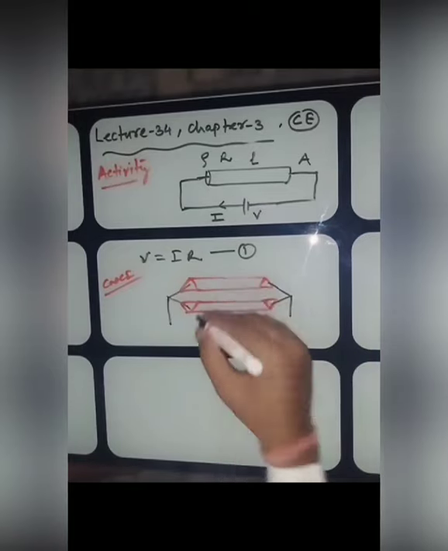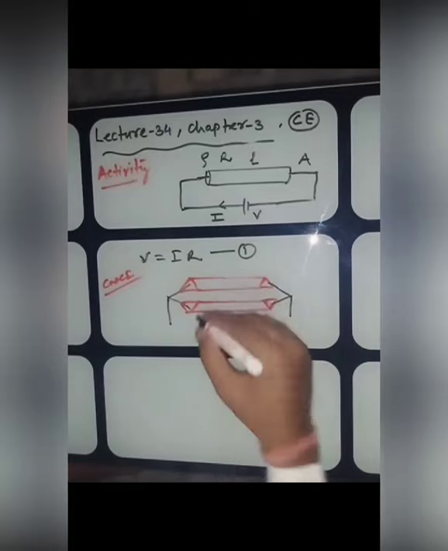Am I right? Yes. Now it is connected with the same voltage V. My dear student, the current I flowing through this conductor, as you have studied in standard 10th, will divide in both sections. If this current I is going, then I by 2 and I by 2 will move in each section. So you can write Ohm's law for any of the sections.